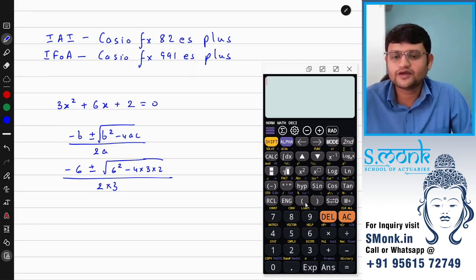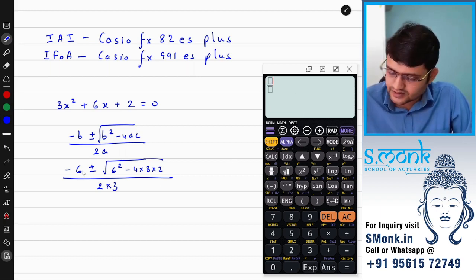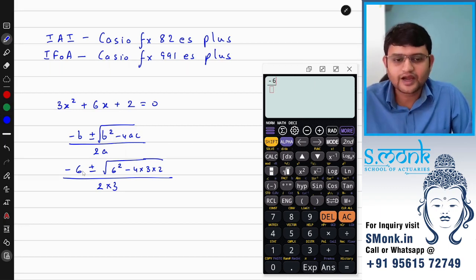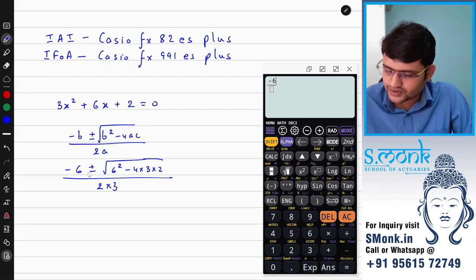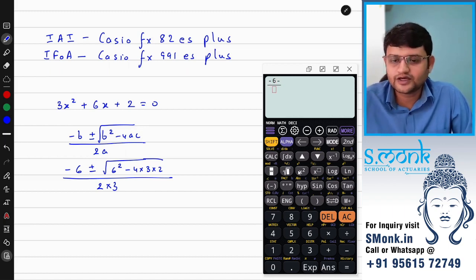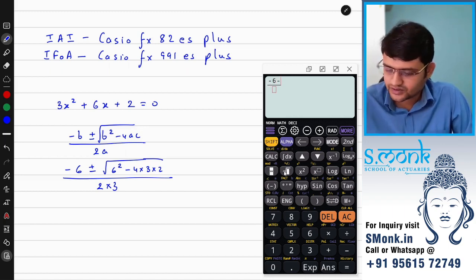So first of all, I will use this fraction button to get a fraction here. Then in the numerator I want minus 6, and we cannot have plus minus together, so we'll have just minus first, then under root. So under root 6 square.